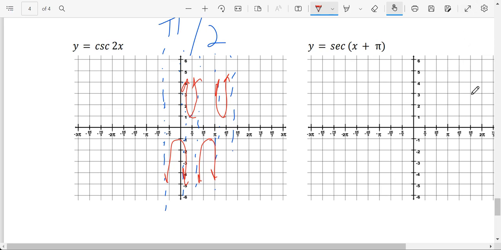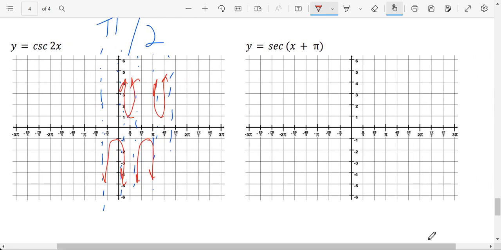And then we got y equals secant of x plus pi. So that means your whole graph, you're moving to the left pi, which is just going to make your asymptotes the same.